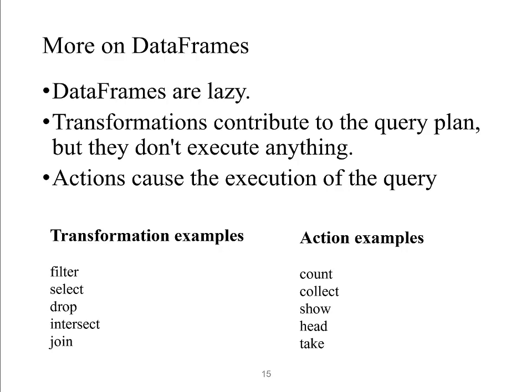This lazy evaluation is very important, as you will see later, because it gives Spark SQL the chance to do the query planning when the query is about to execute. If we don't have this lazy evaluation property, then you can imagine that every time we type a transformation, it would be executed.